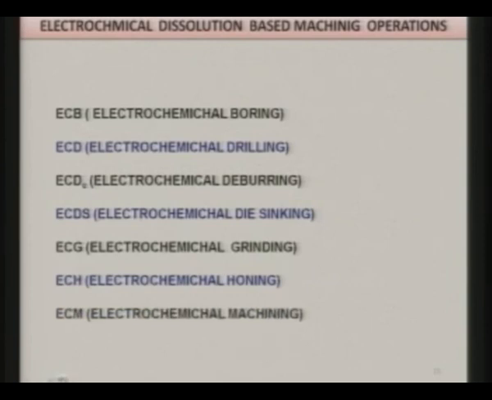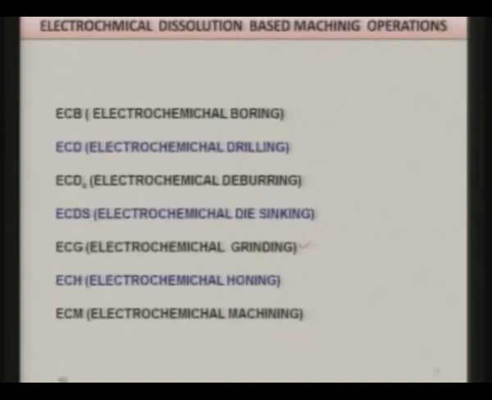Now, before I proceed further, let me just tell you about electrochemical grinding. This is a hybrid process where you are using ECM plus grinding operations, both combined together to take the advantage of both processes, because ECM does not give a very good surface finish, but the material removal rate is very high. On the other hand, grinding gives a very good surface finish, but the material removal rate is very low.